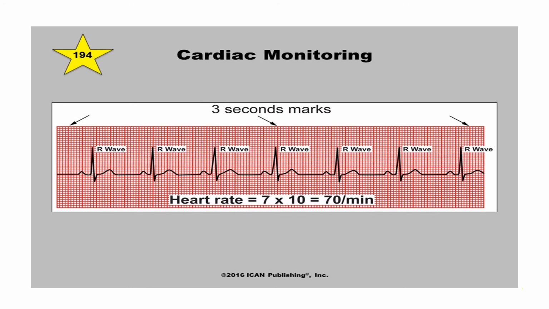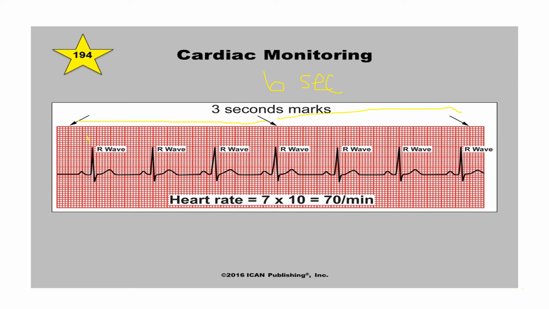So first let's look at a basic cardiac EKG to look at how to calculate a heart rate. So how can we get a heart rate by just looking at our EKG? First you want to get a strip that is 6 seconds long. So you have your first 3 seconds and then your next 3 seconds. So you have a 6-second strip. Then you're going to count each of your R waves.